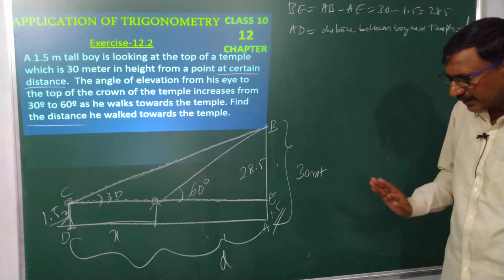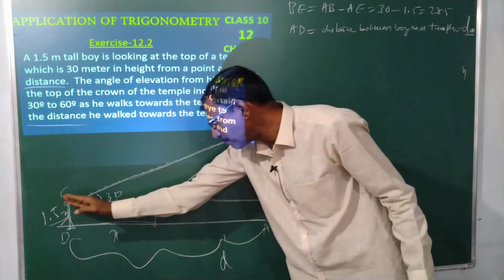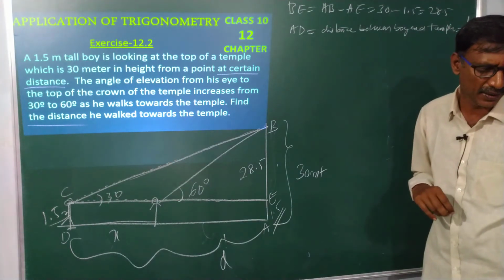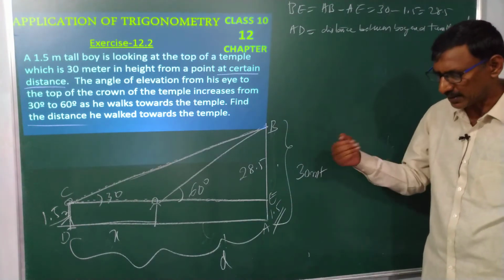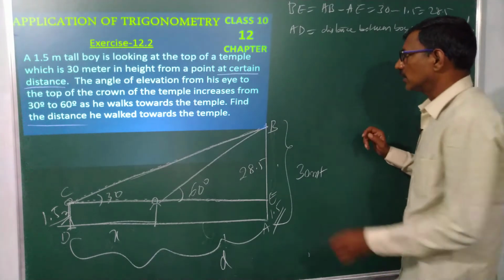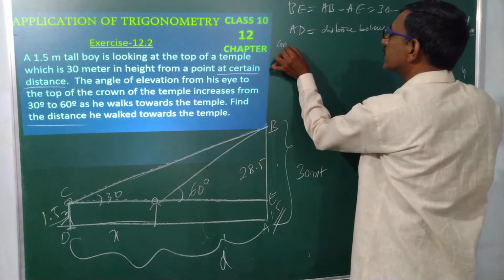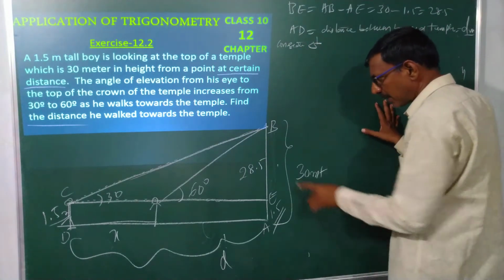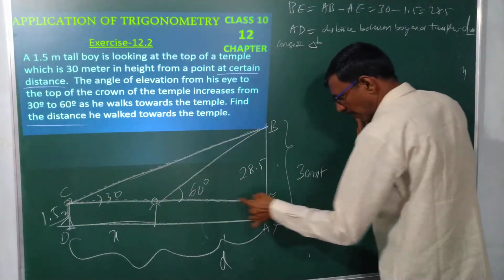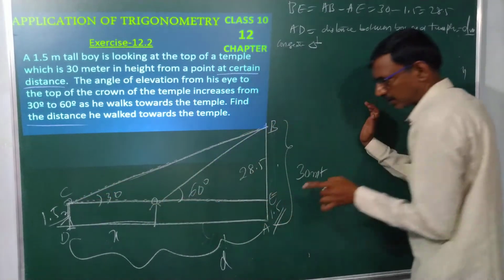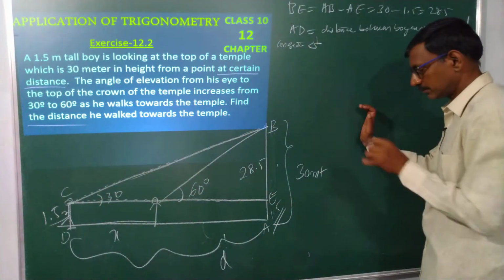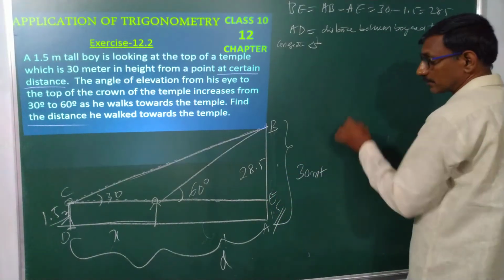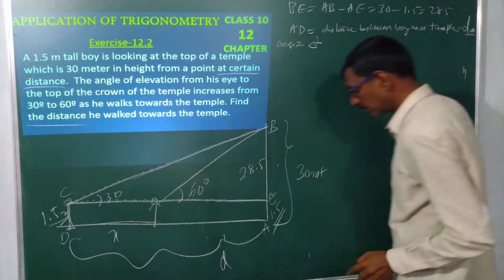By observing this big right angle line, I can apply a trigonometric ratio. Consider the big right angle triangle BCE. The opposite side is BE and the adjacent side is EC.